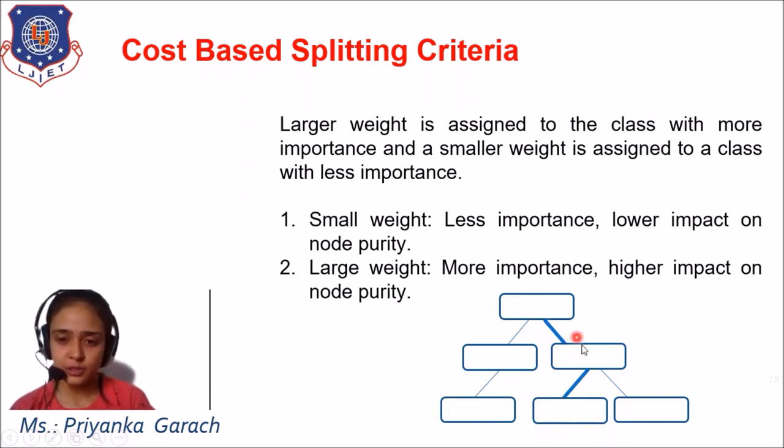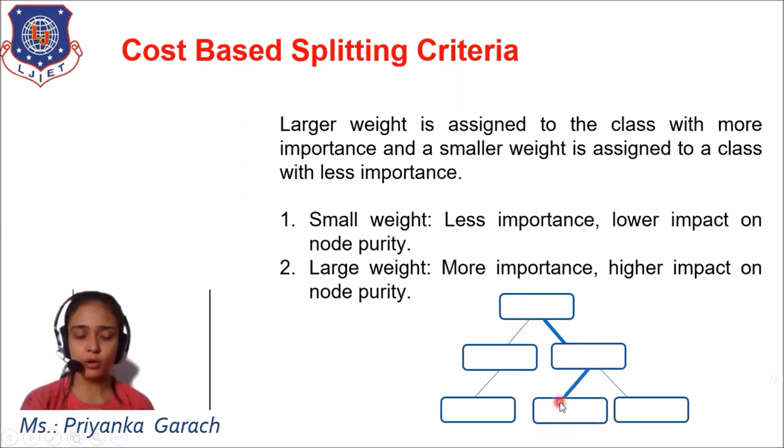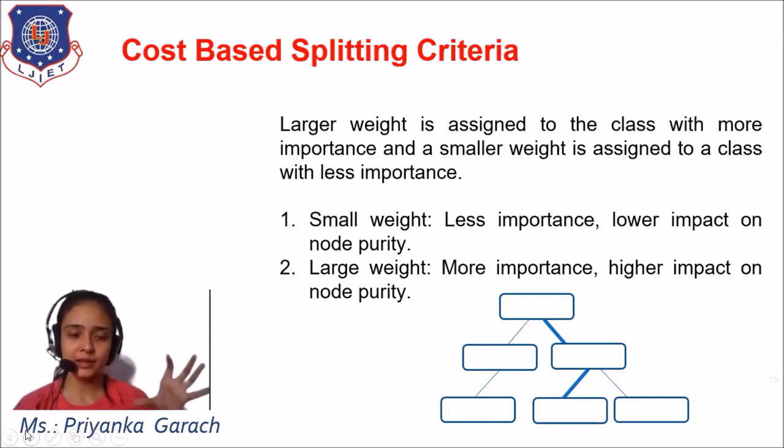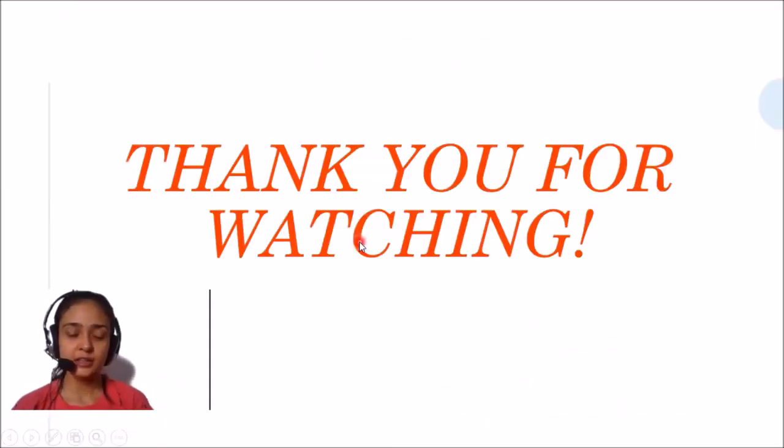Suppose in this particular branch the weight is more, so out of these I select this one. Then out of these also, the weight is more here, so I will select this one, because at that point I will get the maximum purity, that is, my class label will split correctly. So this is what CART is all about.